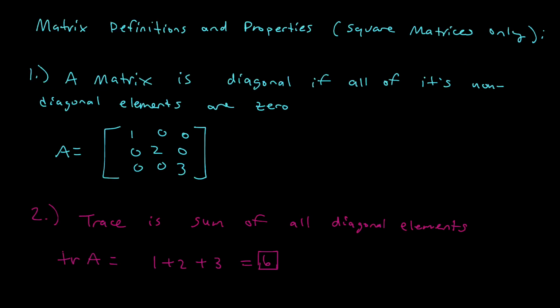Now, there are certain matrix definitions and properties that apply only to square matrices. A matrix is diagonal if all of its non-diagonal entries are 0. I drew an example on this page where we have A equals 1, 0, 0, 0, 2, 0, 0, 0, 3. And a trace is the sum of all the diagonal elements of a matrix. So the trace of A will just be 1 plus 2 plus 3, or 6.